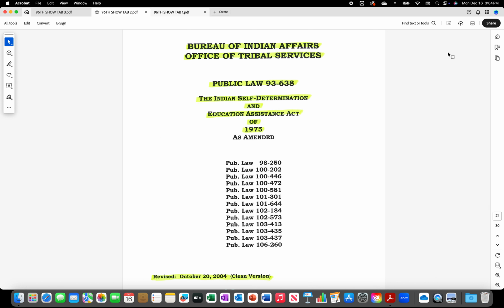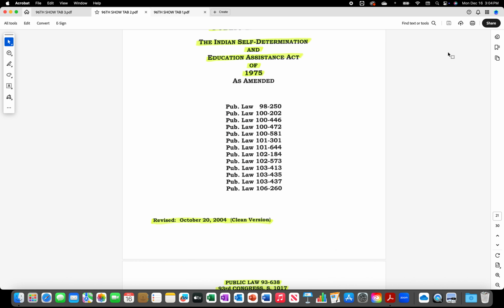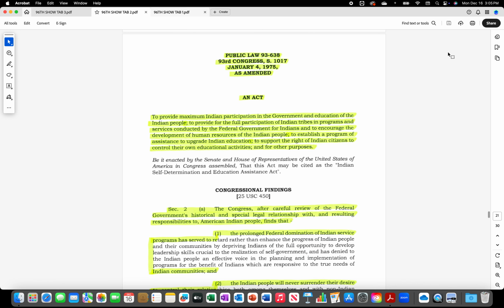Bureau of Indian Affairs, Office of Tribal Services, Public Law 93-638, the Indian Self-Determination and Education Assistance Act of 1975. Revised October 20th, 2004. It says clean version. Okay.